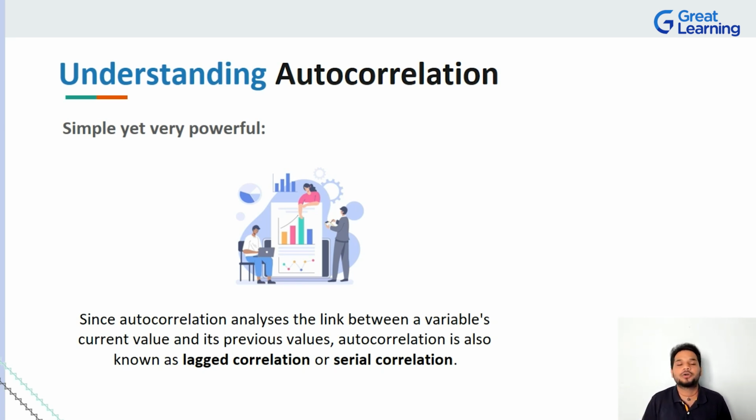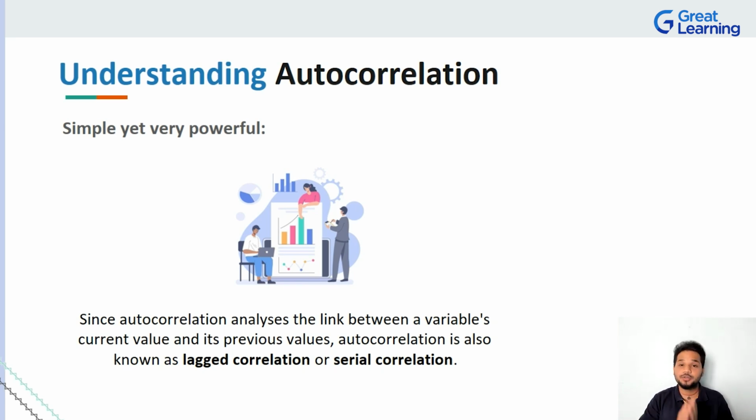It's called lagged correlation because when you say lagging, it means something is behind, right? You're trying to take the current value, you're trying to take the past value, so there is a lag between the past value and the current value. Hence, it's called lagged correlation. And if you want to call it serial correlation, basically you're trying to assess the data in a serial and structured manner. You're not taking two very different data points and saying, here's the past of this, here's the past of that, now find me relationships.